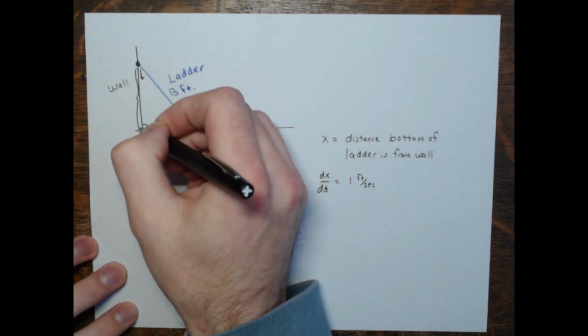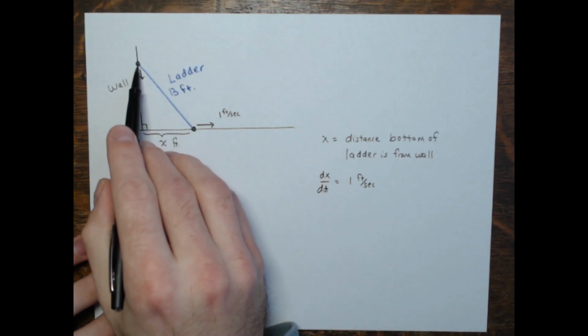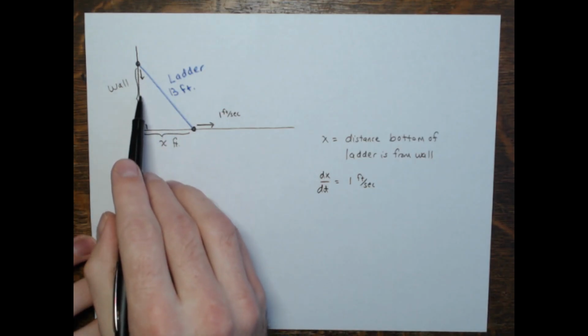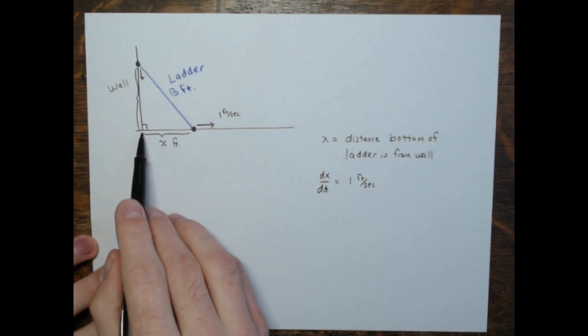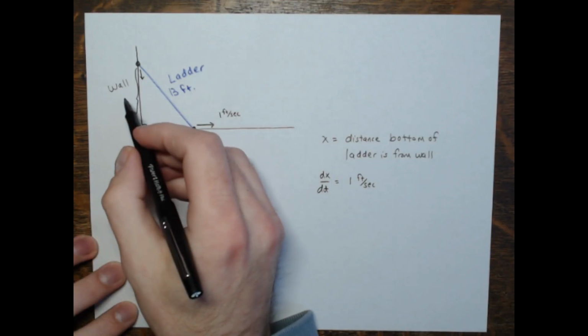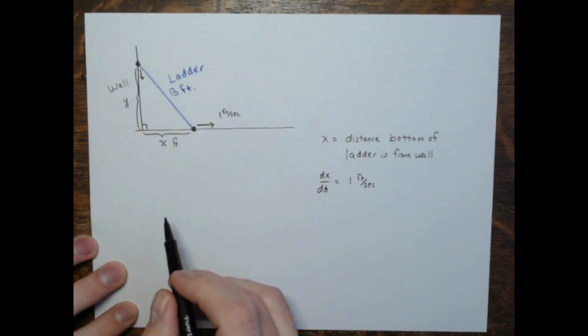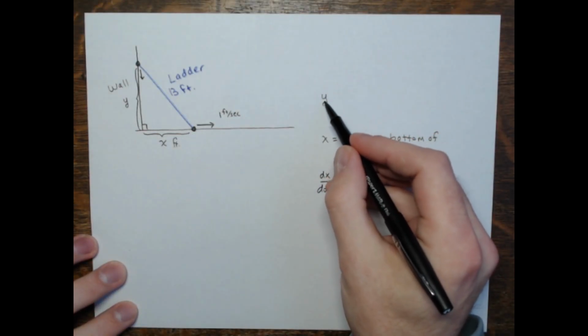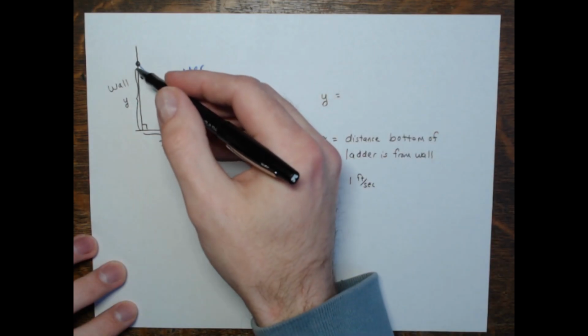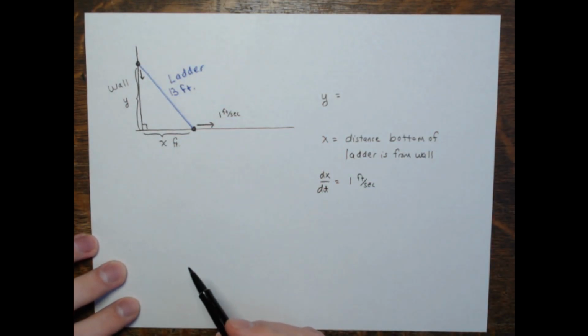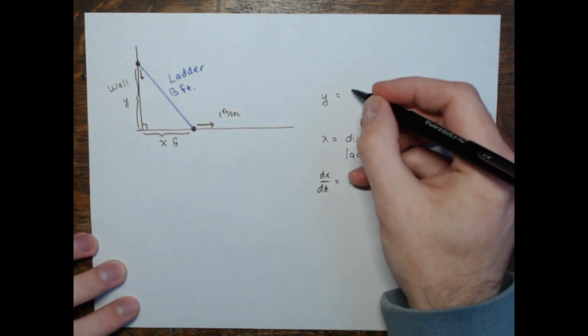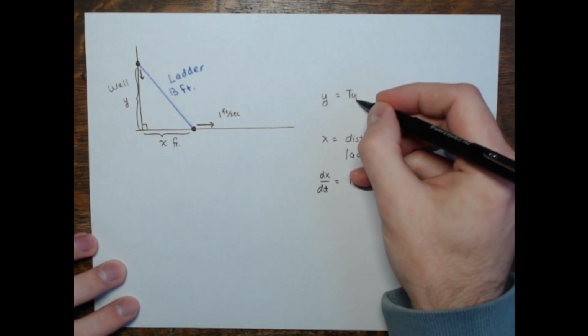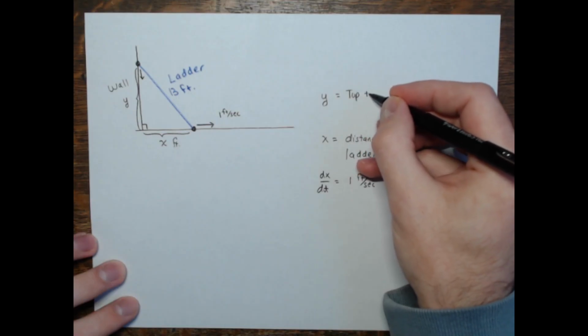And then with this quantity, the distance from the top of the ladder to the floor, I'm going to call that y. So again, y is some other quantity that is changing with time. So y is from the top of the ladder to the floor.